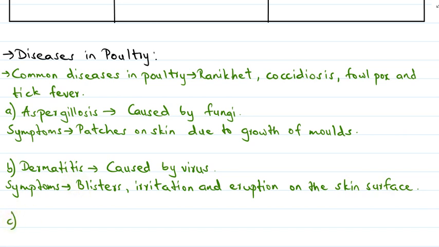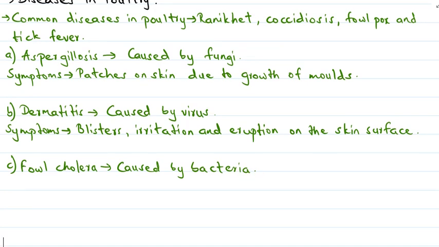Then the next disease that we would discuss here is fowl cholera. So fowl cholera is caused by bacteria. Okay, so it is a bacterial disease. Now let's see what are the symptoms of this disease.